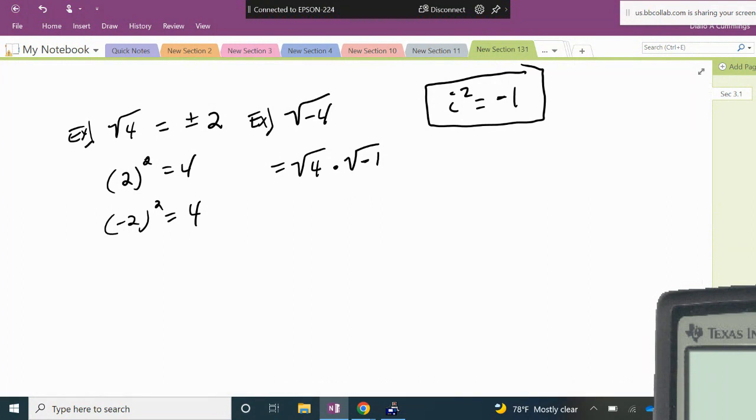From our construct, i squared is equal to negative 1, so I can write this as 2i, because if I multiply i times i, that gives me i squared, which would be a negative 1. So i squared is equal to negative 1. That's our basic construct.